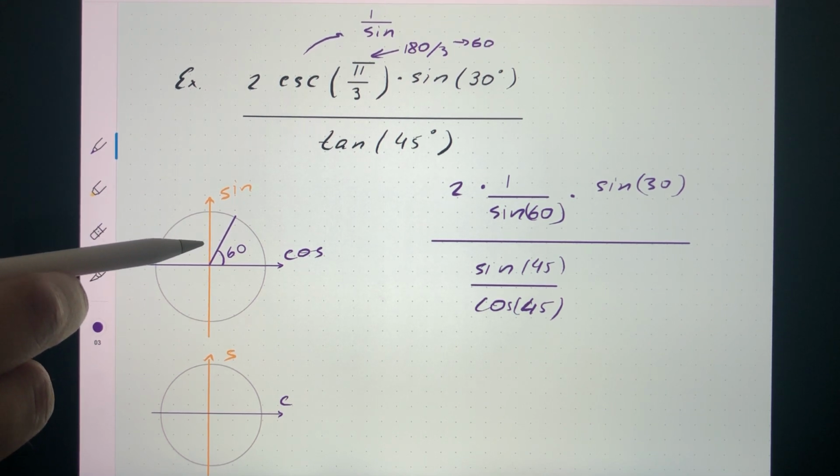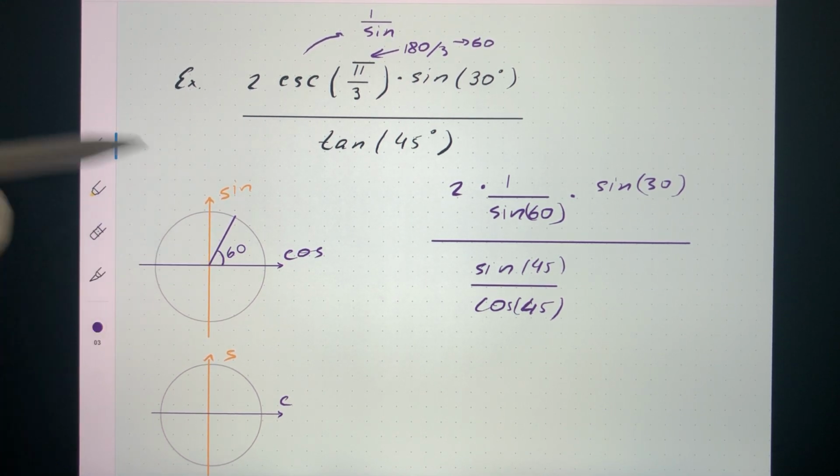These are the only 2 choices because our angle is multiple of 60. And for the 60, this length is a lot closer to 1 than it is to half. And so our answer, for the 1, is square root of 3 over 2. So we have 2 times 1 over square root of 3 divided by 2.